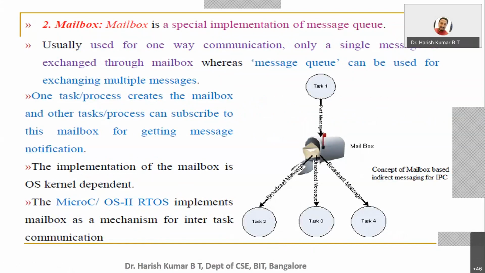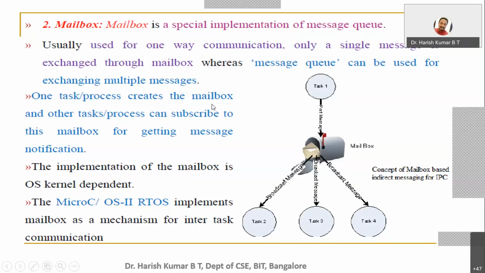The mailbox is usually used for one-way communication, but a message queue can be used for two-way communication. Mailbox is generally used for only a single message exchange, whereas a message queue can be used for exchanging multiple messages.